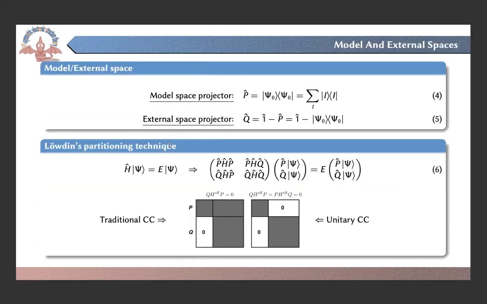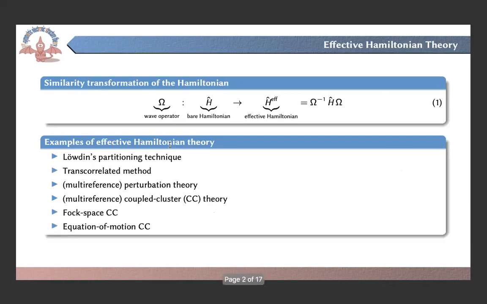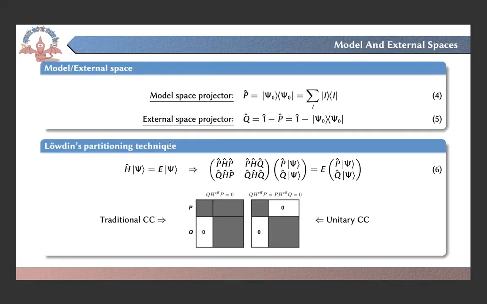So when we talk about effective Hamiltonian theory, we always talk about what we call the model space, which is the main space, the space that you really want to do things in. And you also have the external space, and you basically split your space into model space and external space.